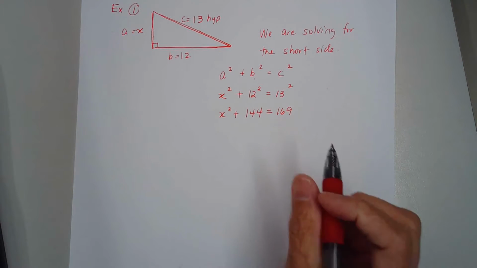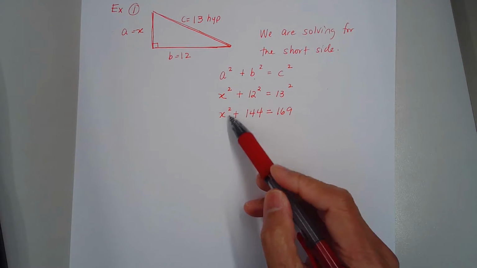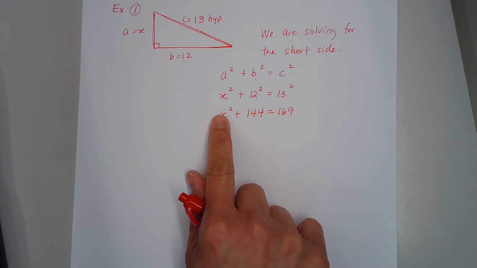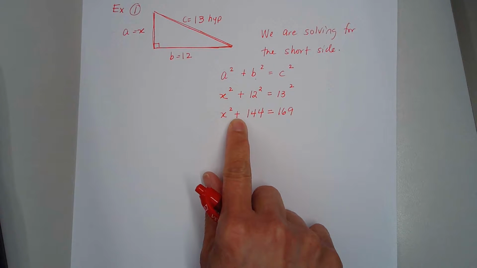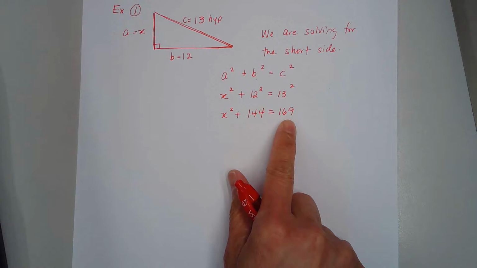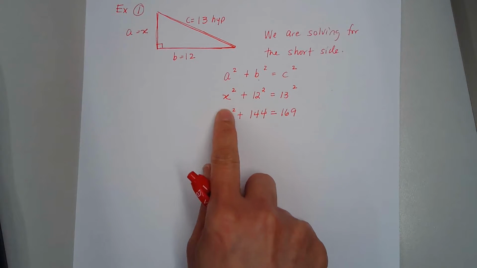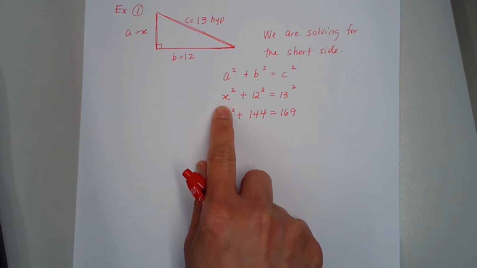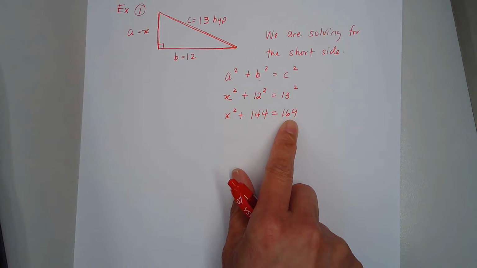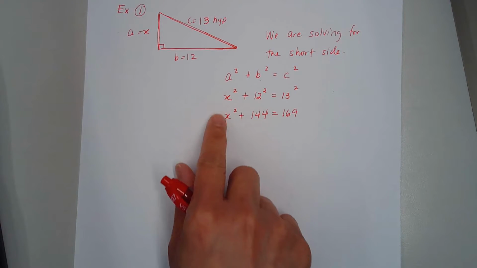Okay, so let's see. What is this amount that if I add 144 to it will give me 169? So how can we figure this out?